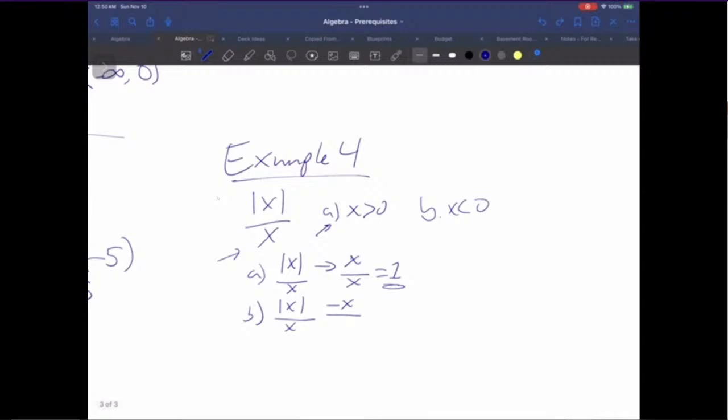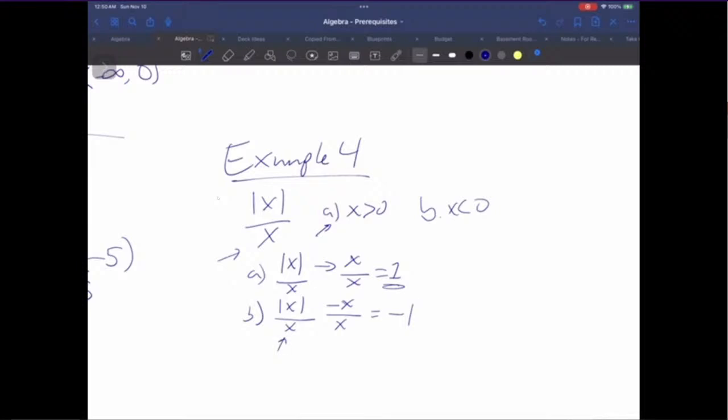So we can write it as negative x, which will turn it into a positive number. However, there's two ways to think about this. Negative x divided by x is negative 1, because x divided by x is always 1. So you'll end up with a negative 1 for a negative x, evaluating this expression.